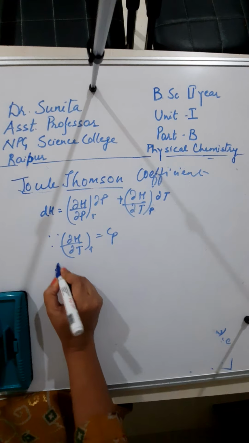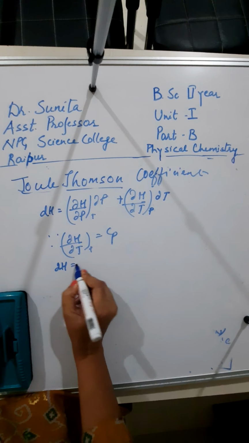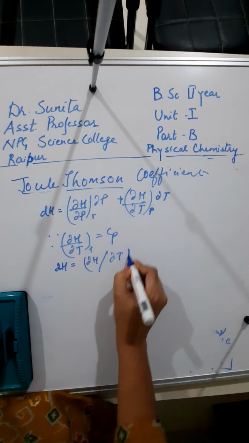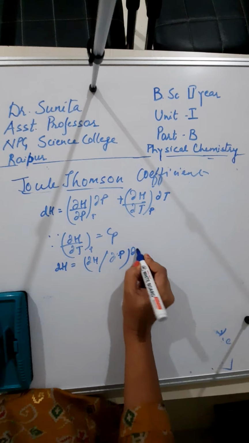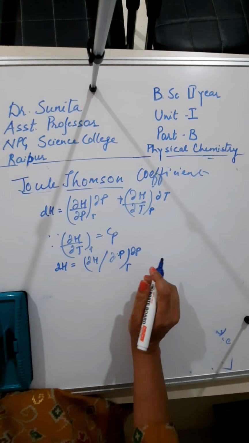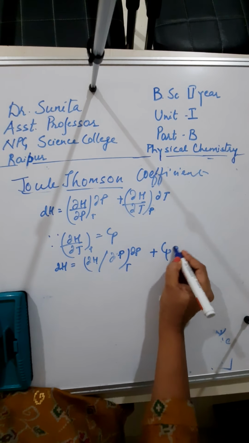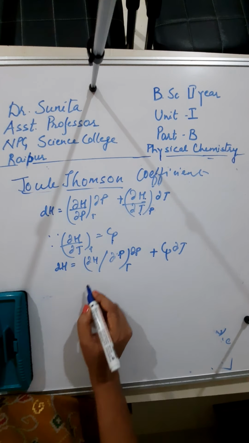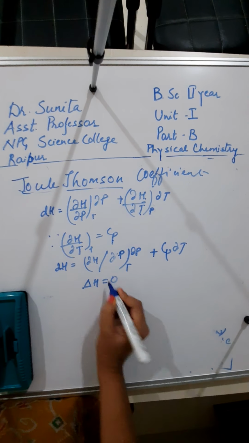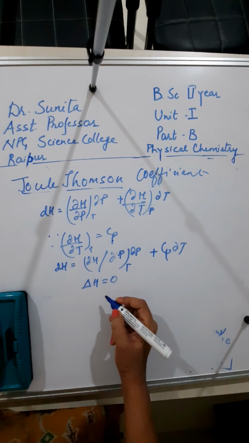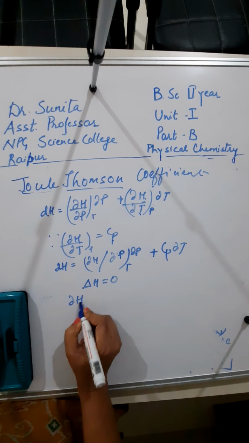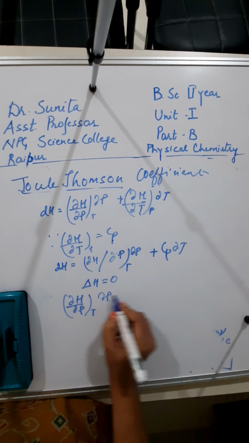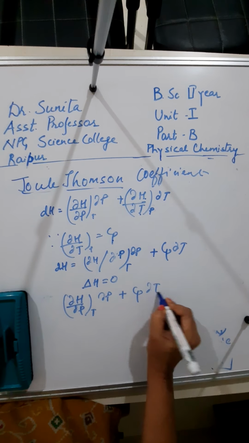So substituting the value of Cp in place of del H over del T, we got this equation. Now the process of adiabatic expansion is isenthalpic, so we get del H over del P at constant T dP plus Cp dT equals 0.